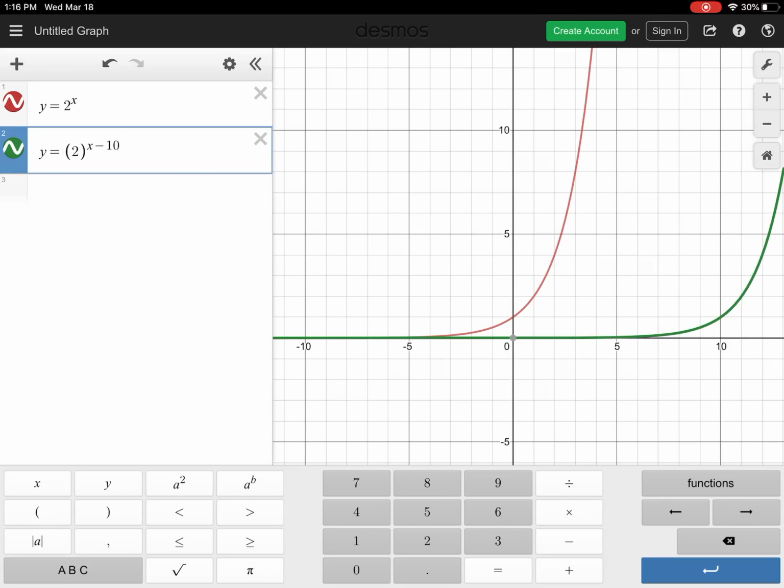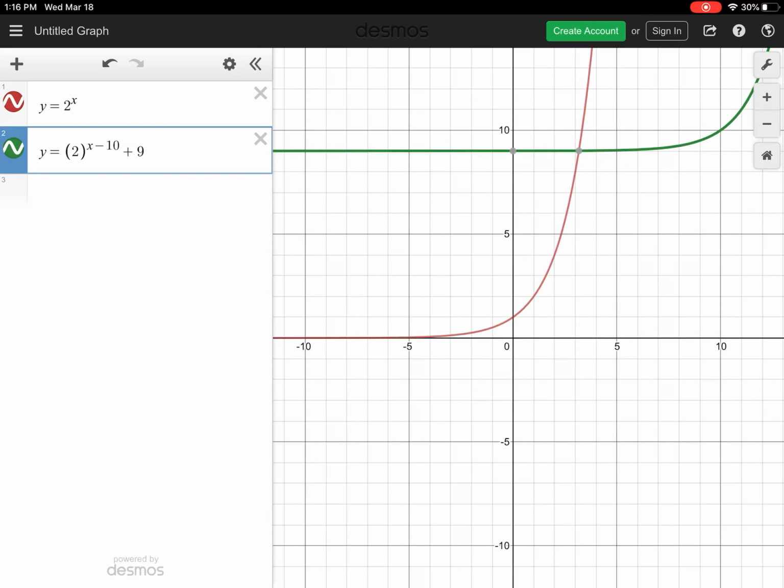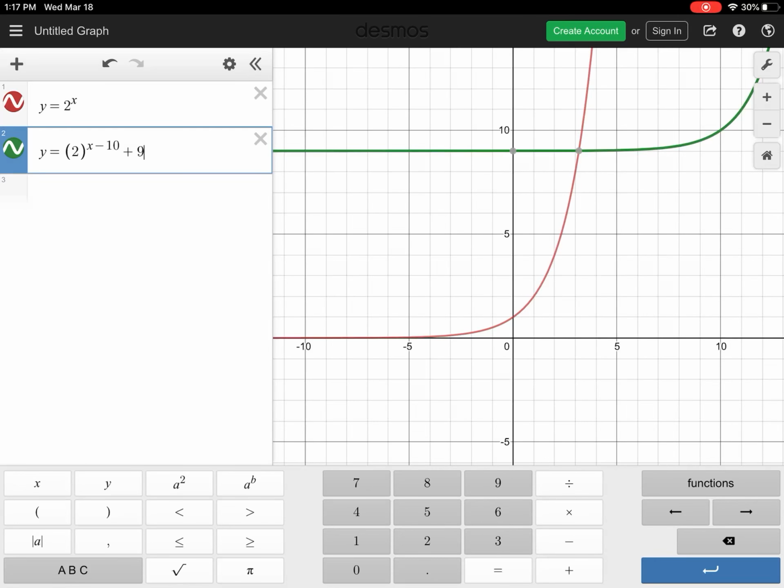Now let's take that same one and let's add 2. Look what happens. Shifts up 2. Let's add 9. Shifts up 9. And remember what I was saying, the K is 9, and that's also our asymptote. Our asymptote is at 9. Let's go down now. Let's change it to -5.